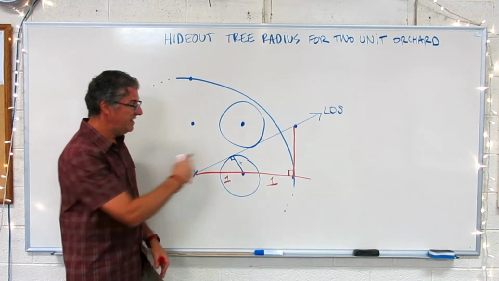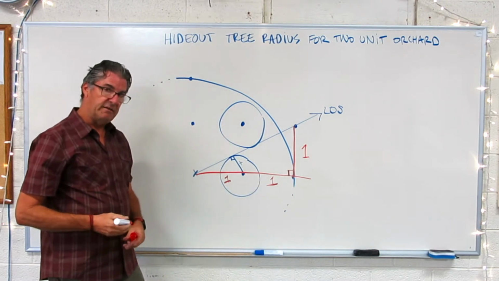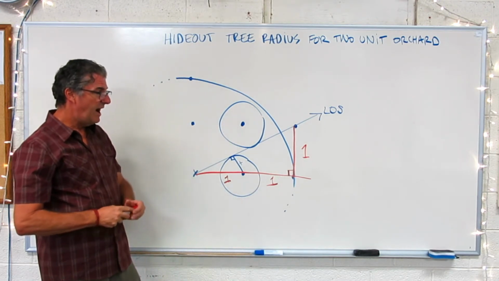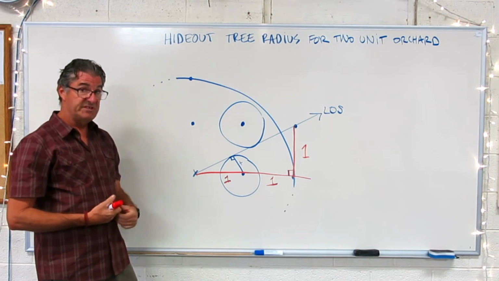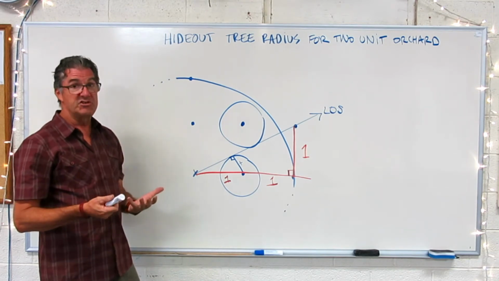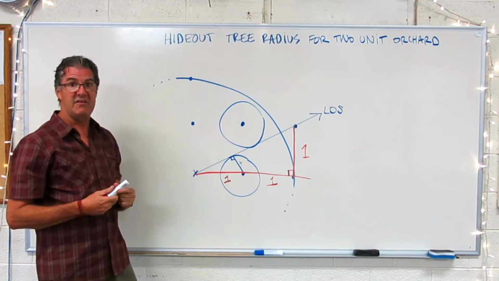Okay, if you notice that this distance here is also 1, you're right. So now I have 2 known sides in a right triangle, which means I can find out the other 2 angles using inverse trigonometry. So let's take a look at how that works.